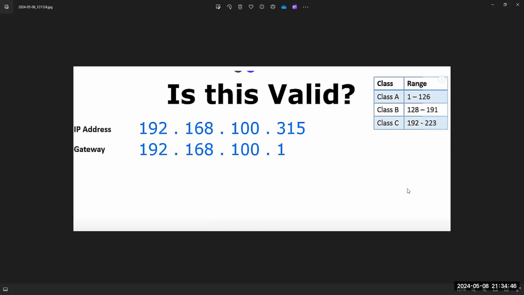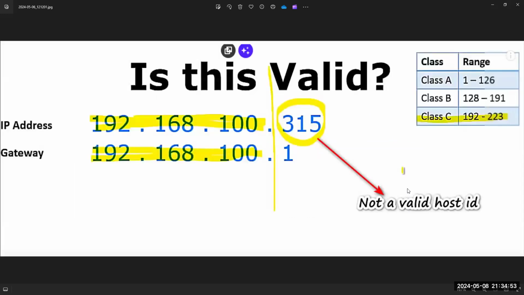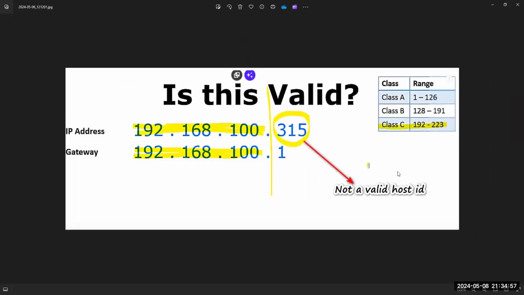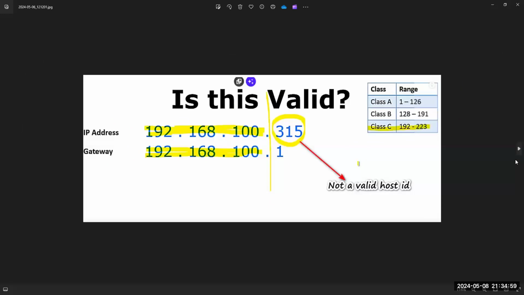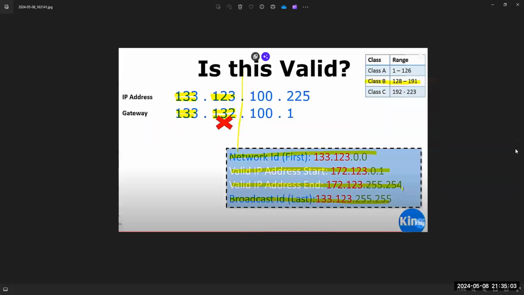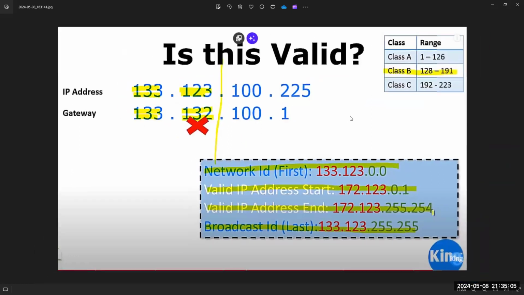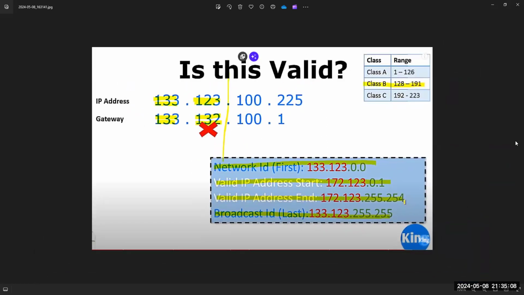So we cannot assign anything above 255. This is not allowed over here. This is not a valid host, right? These types of questions are asked in the CCNA, so I thought to show you how we can answer them.